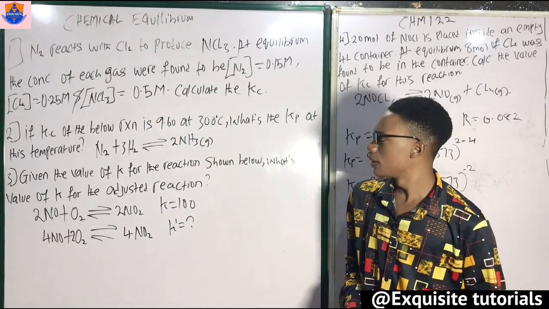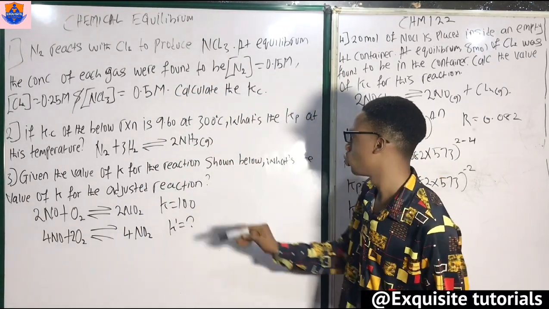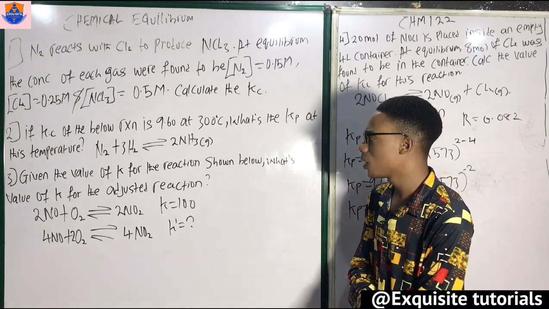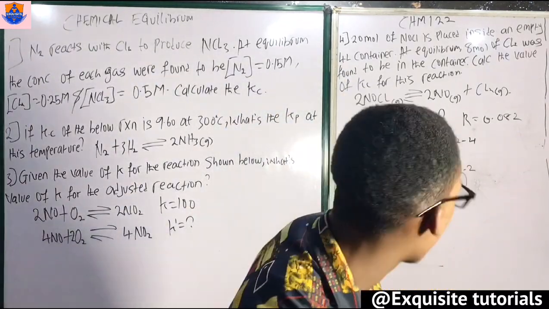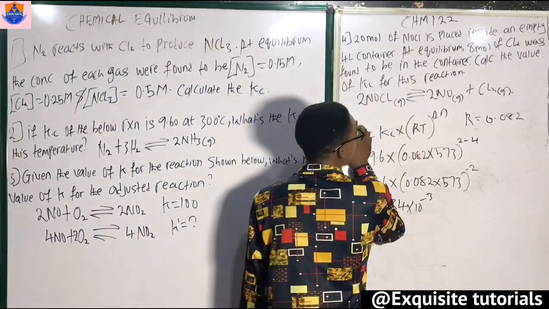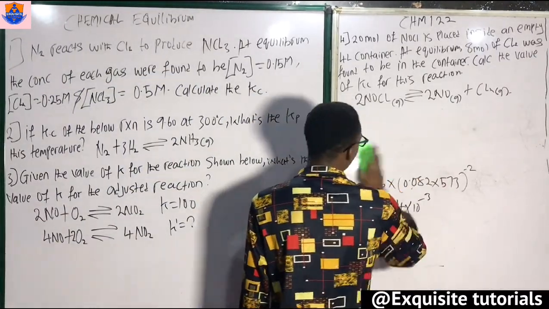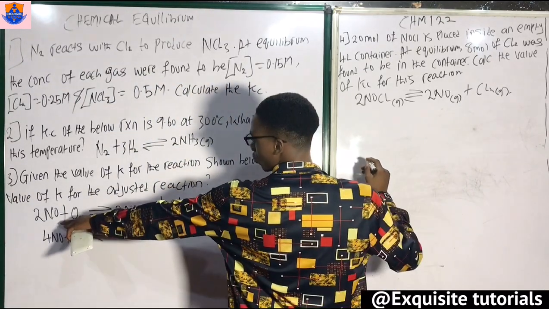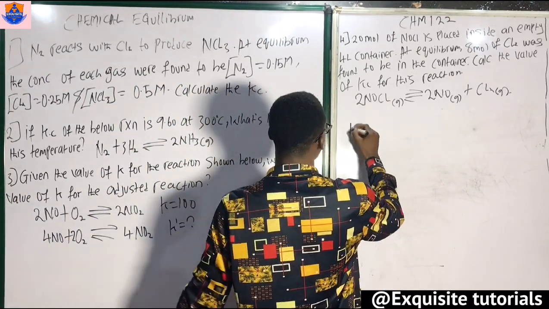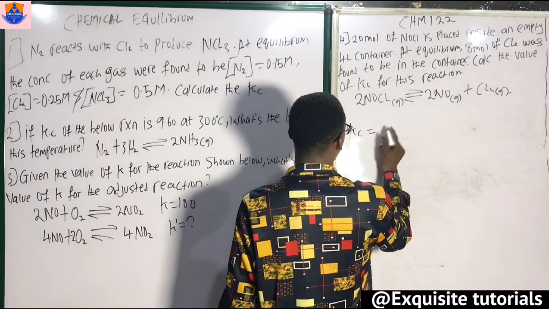Now, given the value of K for this reaction shown below, what is the value of K for the adjusted reaction? Now this question is quite tricky, but as easy as the word easy. Let's draw something. Let's find the Kc of this.